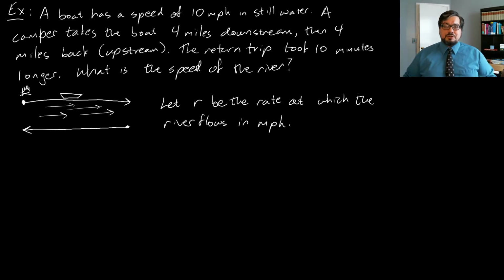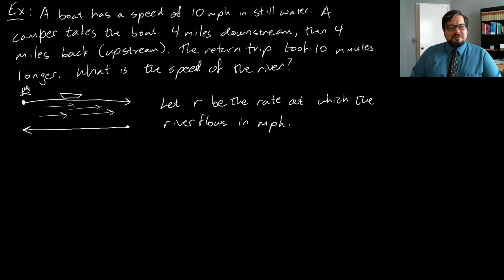We were given meters in the problem, and so our answer was in terms of meters. In this problem, we're given information in terms of miles per hour using imperial units. We should then give our answer in terms of miles per hour and imperial units. So we have that R is the rate at which the river flows in miles per hour.